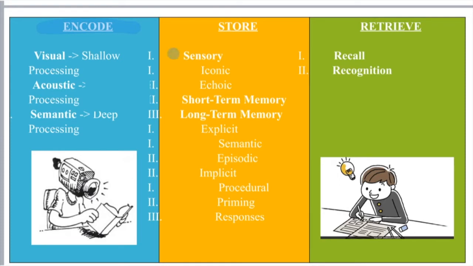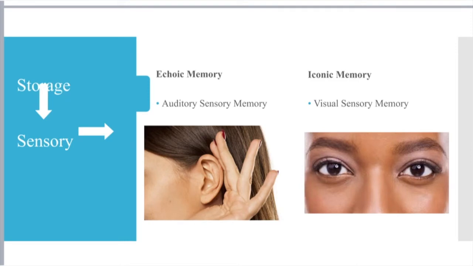We'll look at sensory, short-term, and long-term memories, and how each of these pieces fit into our understanding. Sensory memories are essentially taking in and storing recollections based on what you are sensing, whether it's through sight or sound or touch.